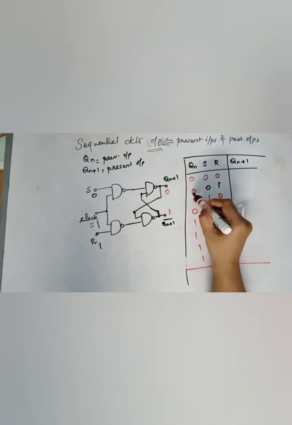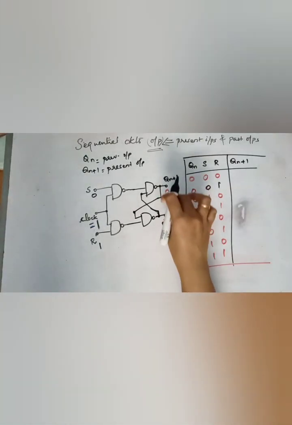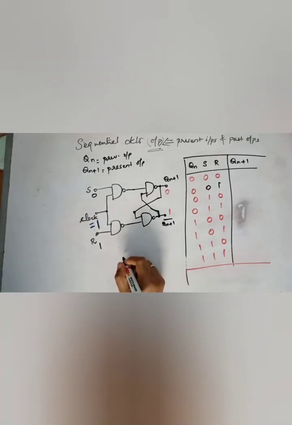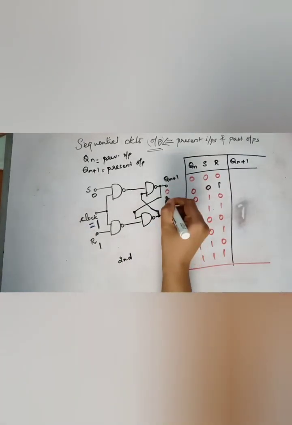Okay. So this is Qn previous. This is the present inputs. Black is the present input, and I am keeping the clock also. The next clock I am applying. This is already there. At, say, the second clock pulse, it was 0, 1 here.